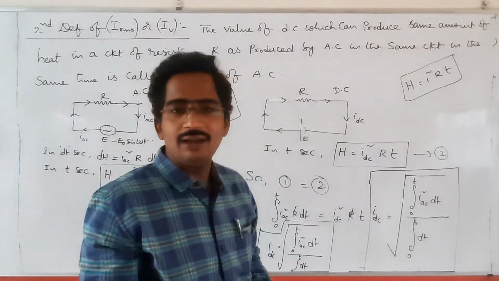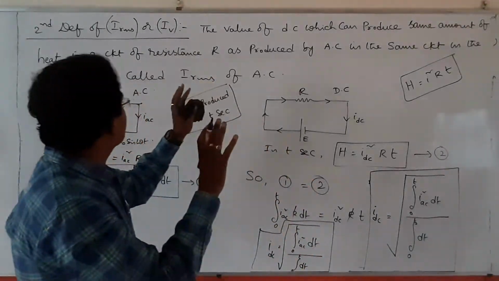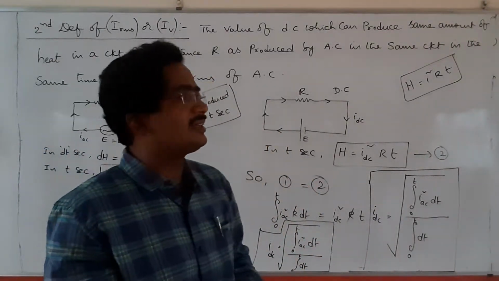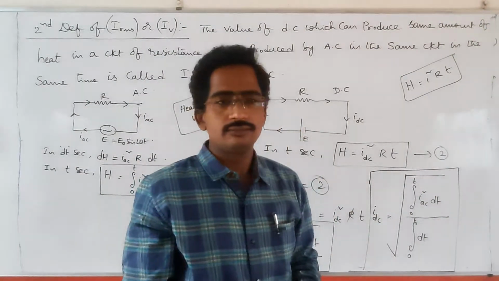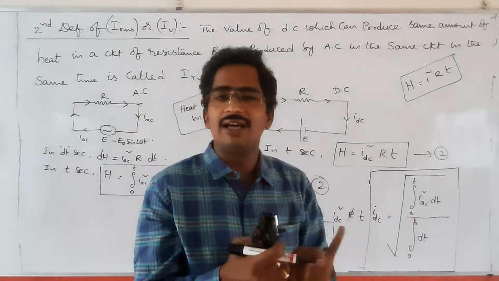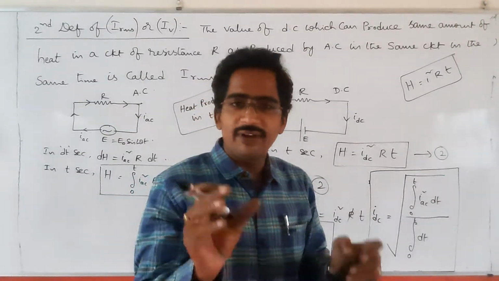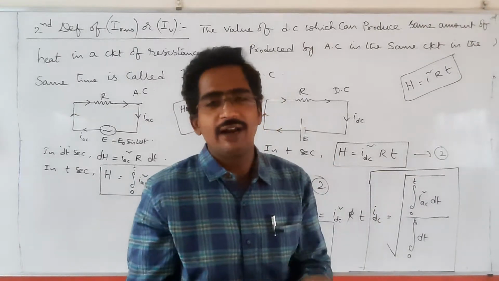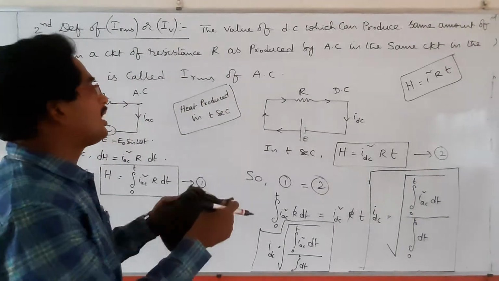These are the definitions you must know regarding alternating current. Now we are going to see the average value and RMS value for different cycles of AC. So now let's see the example problems.